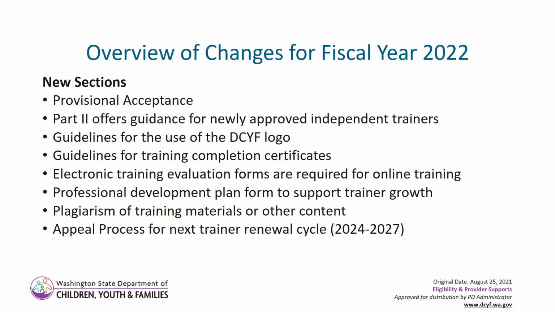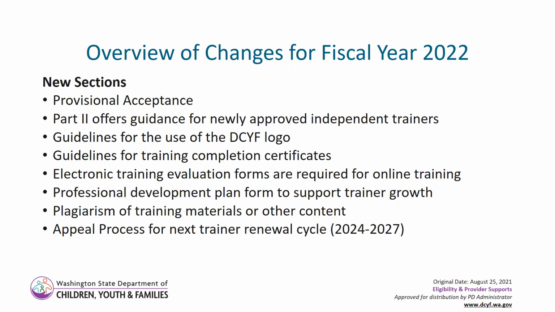There are also a number of new sections in this document for this fiscal year. Again, many of these were instated as a response to situations or questions that arose from you, the trainer, or a training partner. So some of the changes for the fiscal year include having a new provisional acceptance process, offering more guidance to newly approved independent trainers, offering guidance on the use of the DCYF logo, training completion certificates, and electronic training evaluations.